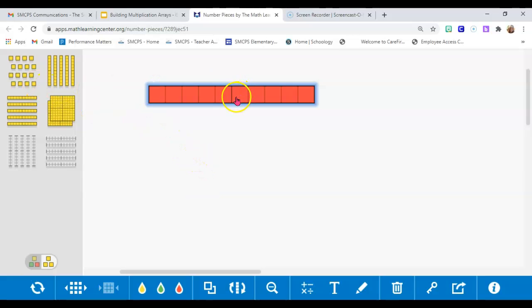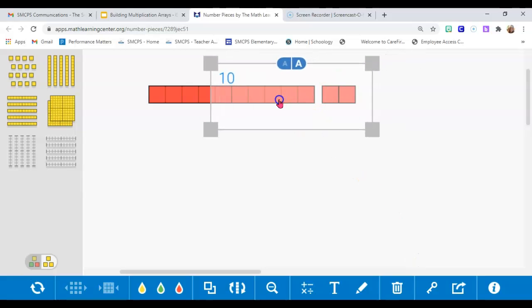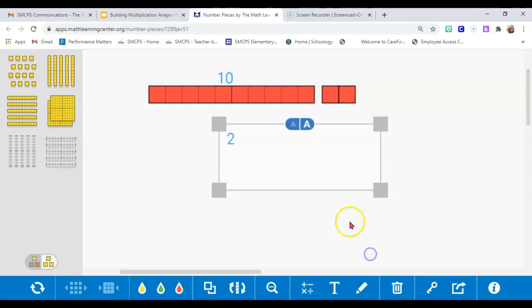I need to make 12, so I need to add 2 units to make 12. So there is my 12, and I broke that up by using my strip of 10 and 2 units.